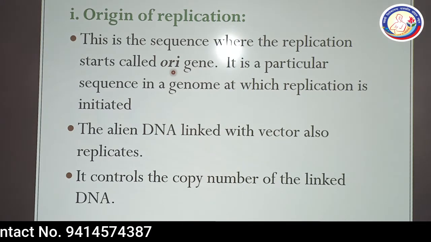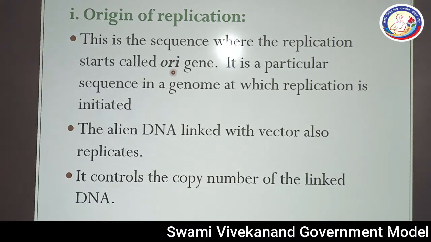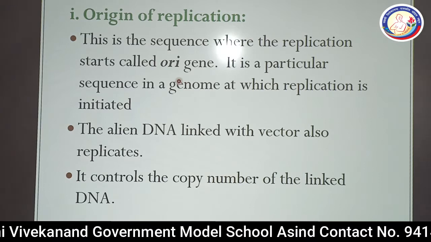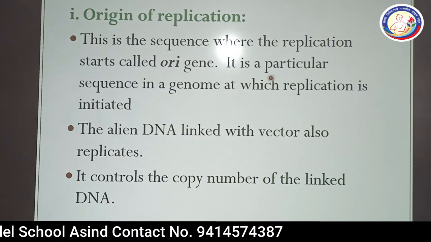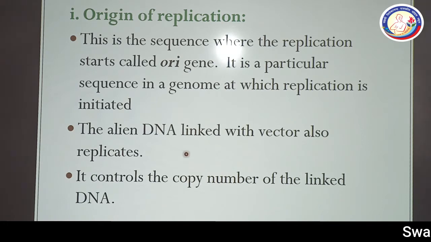Suppose a question is asked: the origin is removed from the cloning vector, then what will happen? Then it is useless now, because in the absence of origin it will not replicate and our objective will fail. So it is a particular sequence in a genome at which replication is initiated. The alien DNA linked with the vector also replicates.